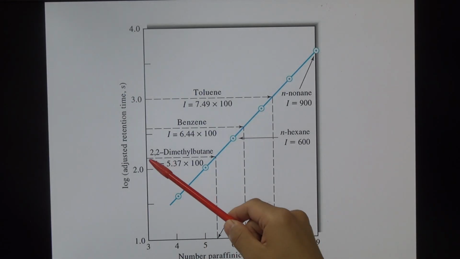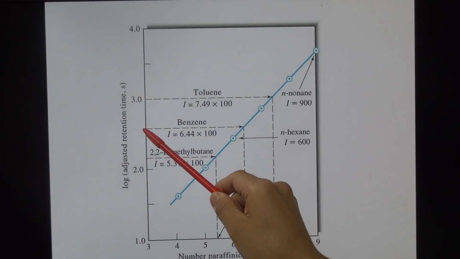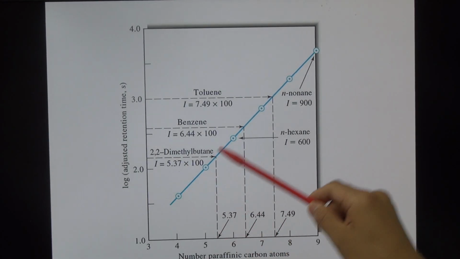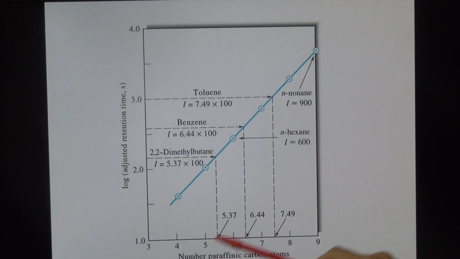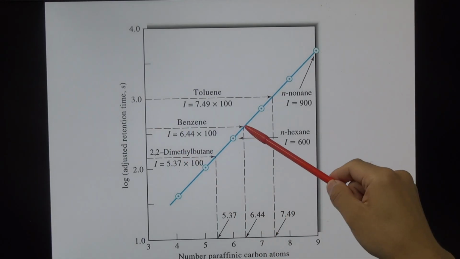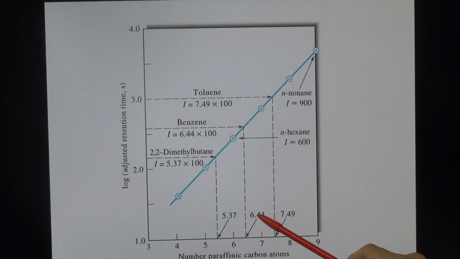For example, adjusted retention time for benzene is here, and since there is already a linear relationship between this and this, benzene has this number 6.44, which means that benzene has retention index of 644, something like that.